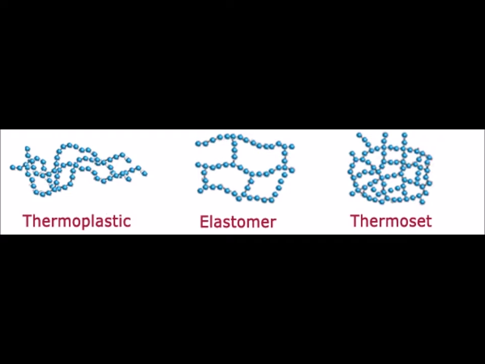Now, adding extra crosslinkers will begin to create a thermoset. A thermoset is an elastomer that has had many chemical crosslinkings and therefore has become rigid. It is no longer able to stretch or deform like an elastomer can, and will not change its shape even if a large amount of heat is applied, hence the name thermoset.